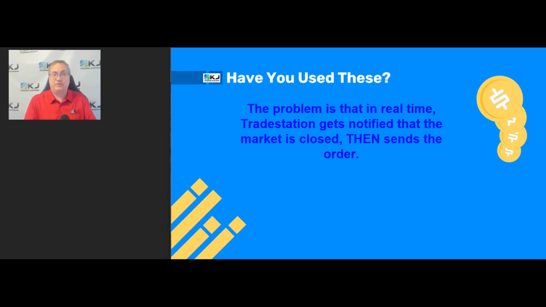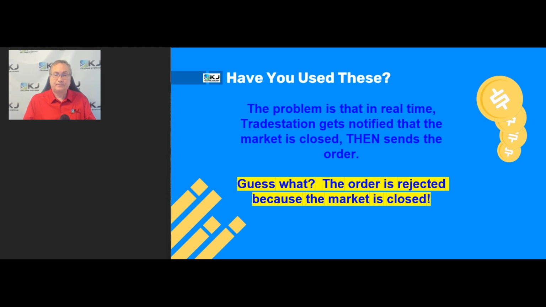And obviously, if you're doing that in real time, the order is going to get rejected because the market is closed. So there's no way for it to work. It doesn't know, oh, hey, the market's closing in a couple seconds. It only knows the market's closed. So these commands do not work in real-time trading.